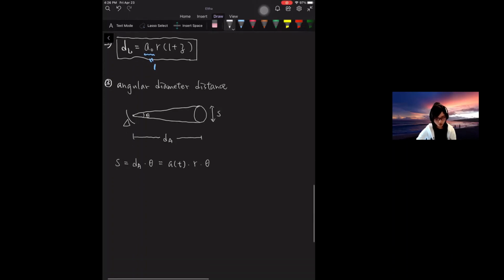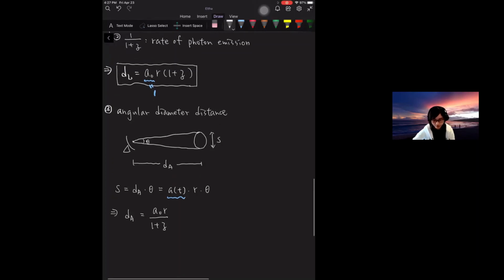So the relation is very simple. The angular diameter distance is, we can convert the scale factor here to A0 over 1 plus z, and then there's an r here. So this is the definition for angular diameter distance.